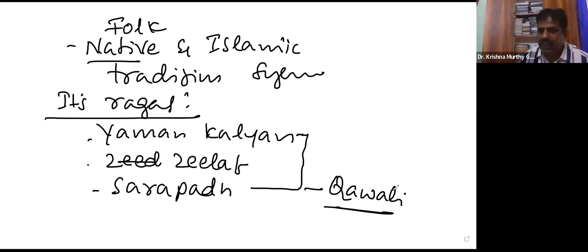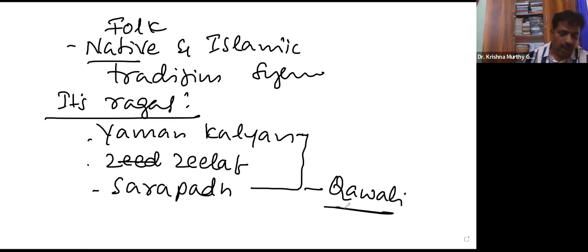It means the Persian melody as well as the native melody system were combinedly called Kawali in those days. That is an important thing, and it was one of the most prominent developments in Northern India.